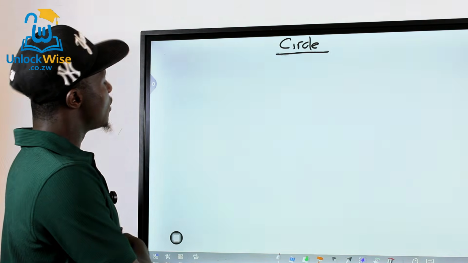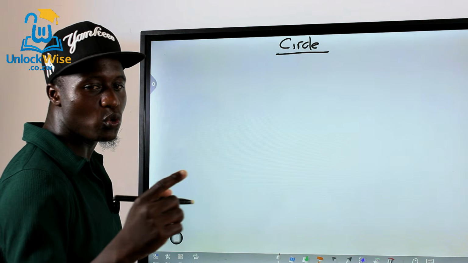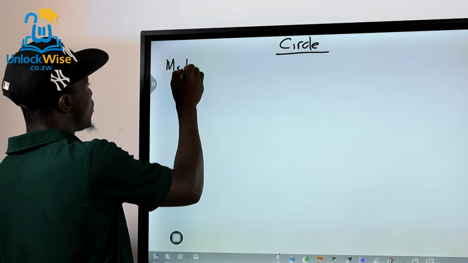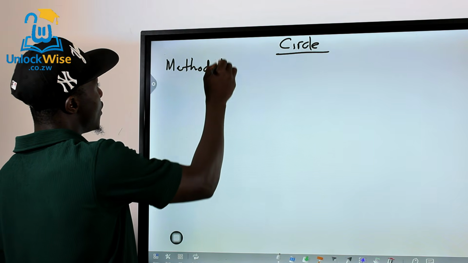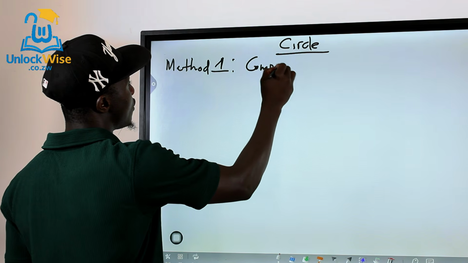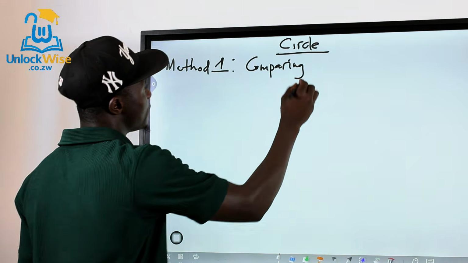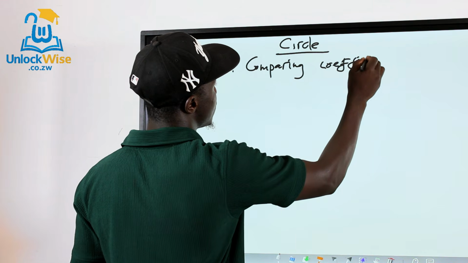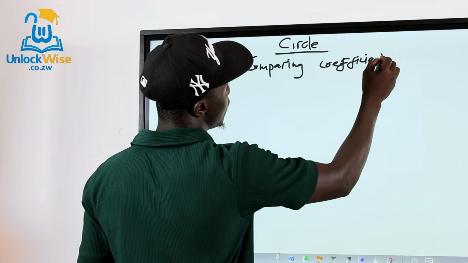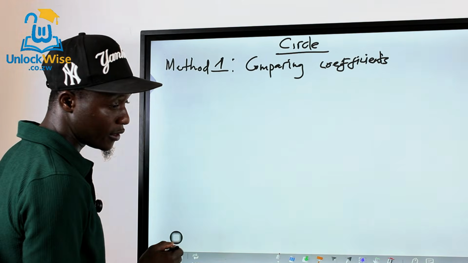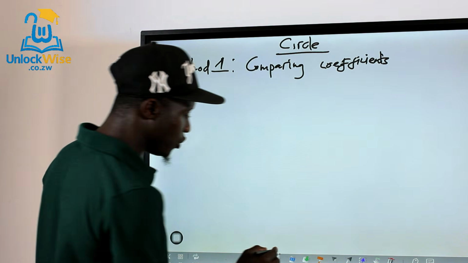So first of all, I'm going to teach two methods that you need to understand. Method 1, I'll be focusing on comparing coefficients. So there are things you need to understand.